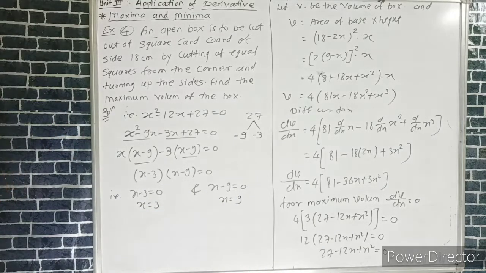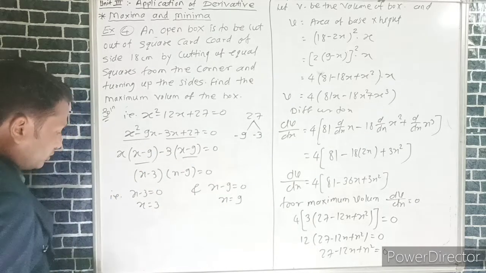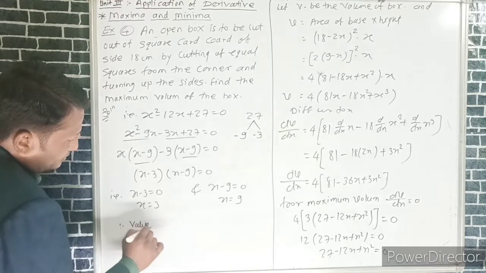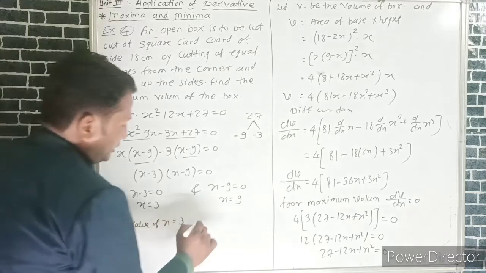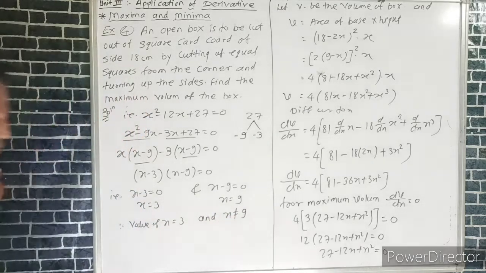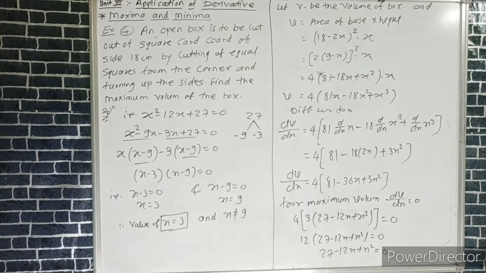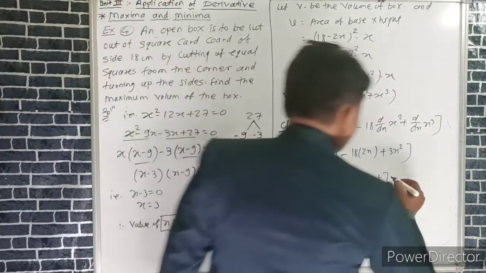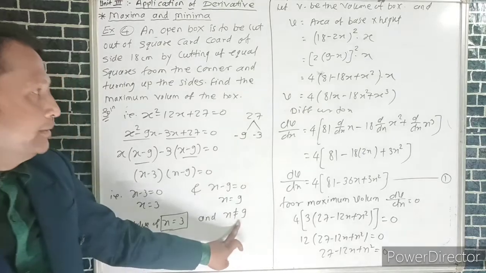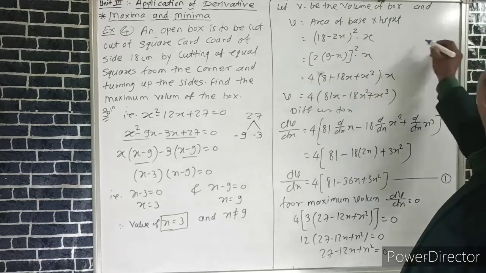But it is not possible that the value of x is 9. So therefore we can write the value of x is equal to 3 and x is not equal to 9. The value of x is not equal to 9 because the side of the square is 18 minus 2x.